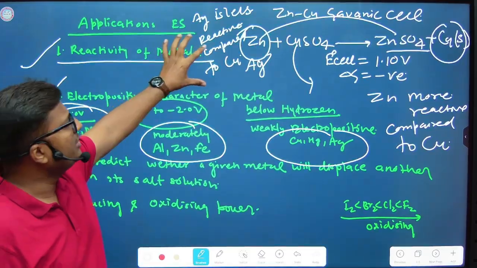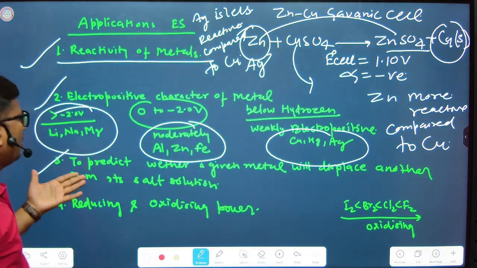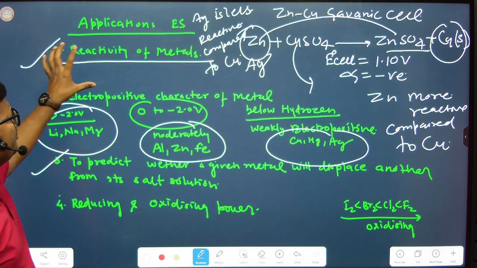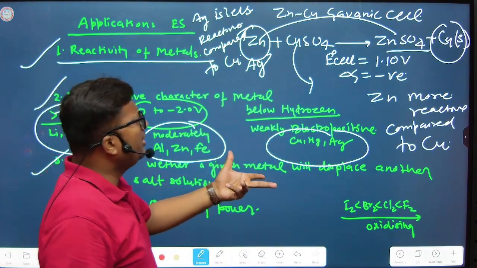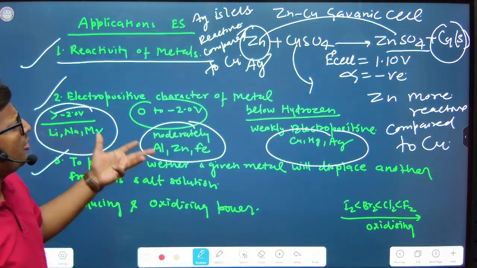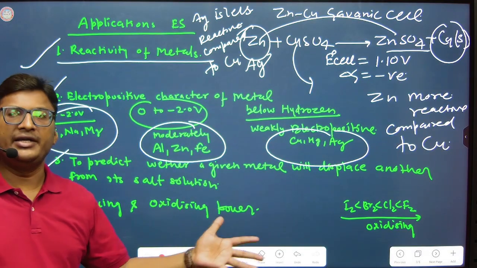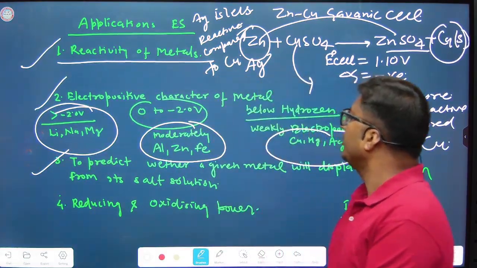It means the reaction does not happen, and this is the application arising from the electrochemical series. So a variety of cell reactions can be explained on the basis of the standard reduction potential and their reactivity in this series, right?